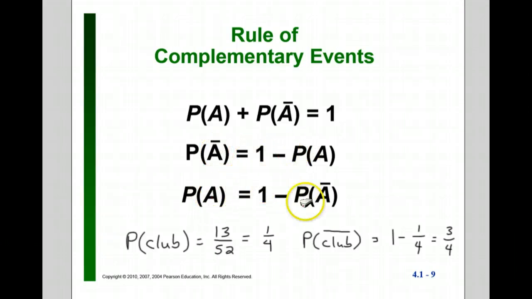And again, it's the same thing going back the other way. If I knew the probability not a club was 3/4, then I could find the probability that it is a club by subtracting 1 minus 3/4, and I'd get 1/4. Okay, and then 1/4 and 3/4 add to 1. So that's what these three rules are saying here. Okay, and again, this is notation. Just write the event, put a line over it. That means the opposite of the event.